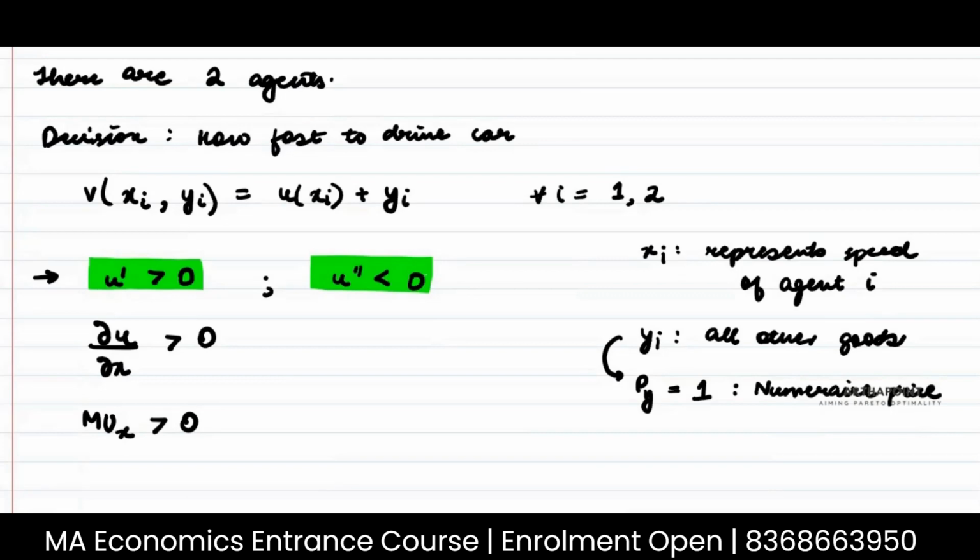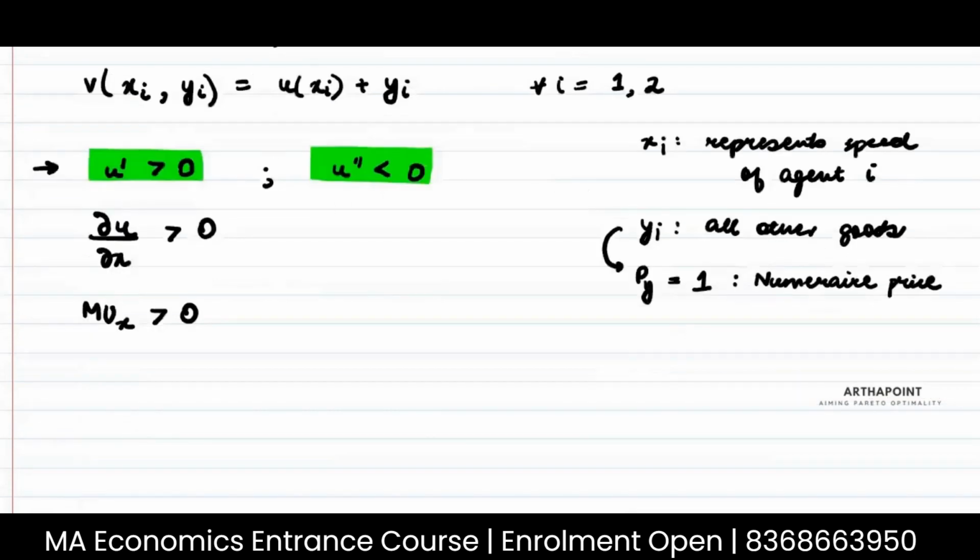Why do I do that? I do that to dampen the effect of Y. I want to reduce the effect of Y. I don't want to overemphasize Y, all other goods. So if I have to write the budget line, and suppose Xi would have been any commodity that I focused on, how do I write my budget line?